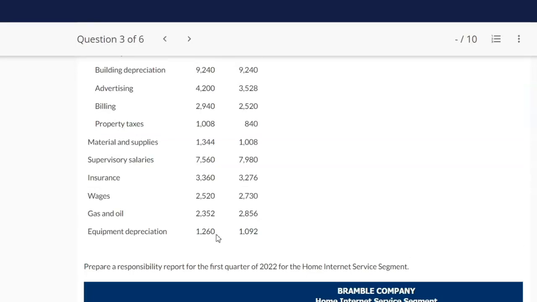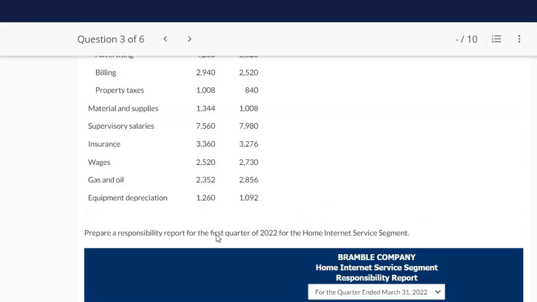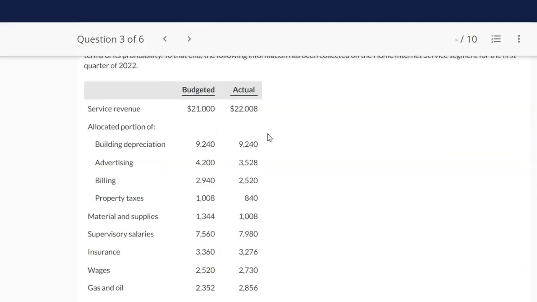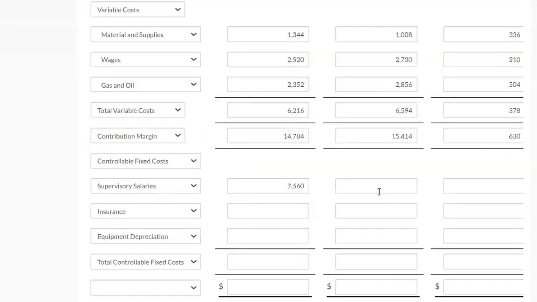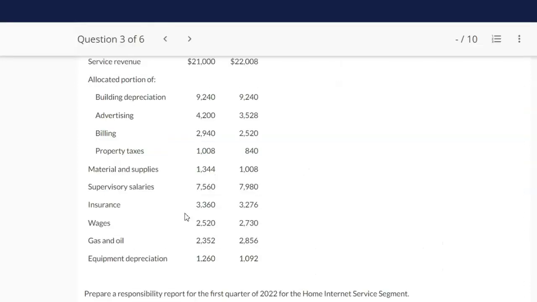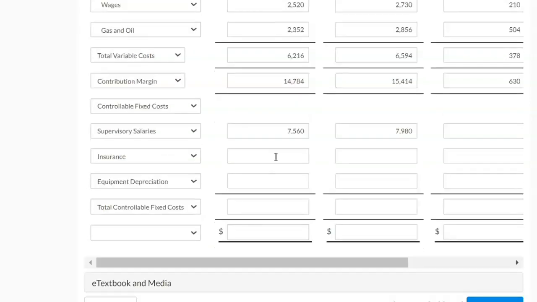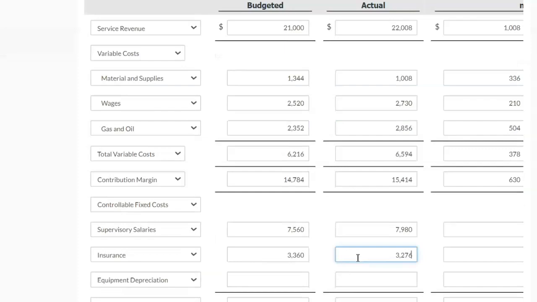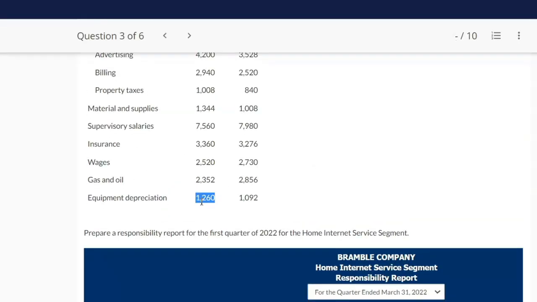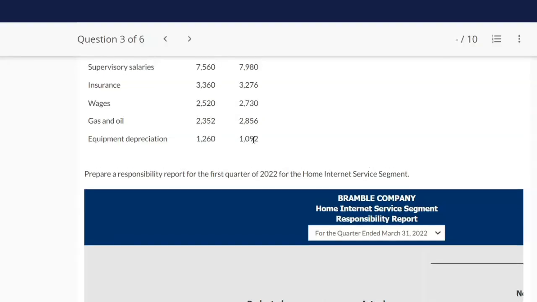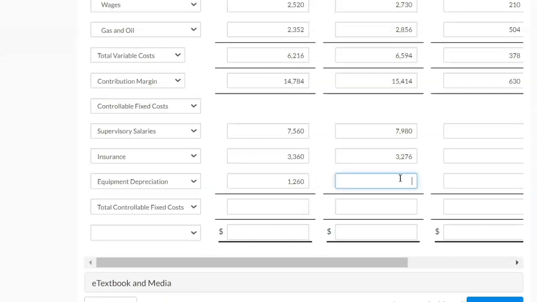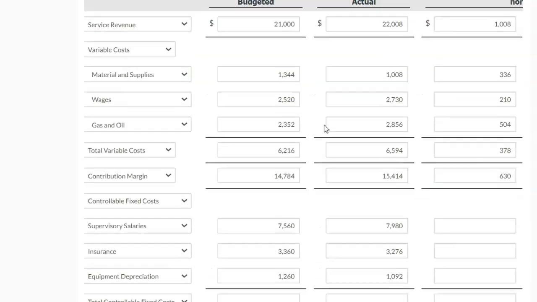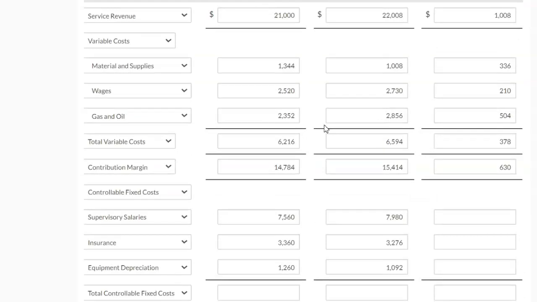We'll just have to copy paste that. That's right, copy paste. So in this case, the actual is higher.